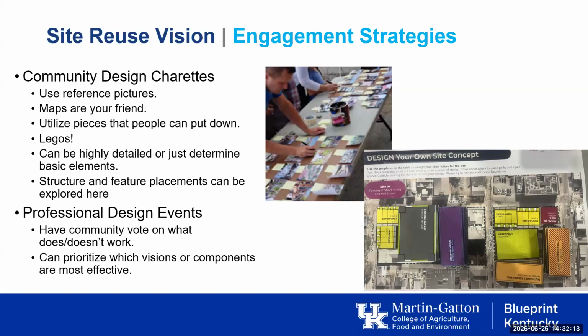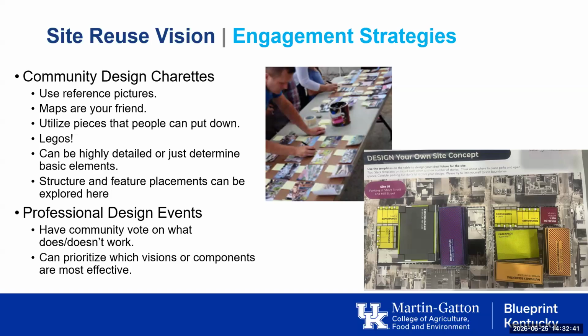This top picture here, I believe, is also from Manchester, and it was leading the redesign of a small little pocket park in town. On this table here, there are reference pictures of all kinds of different green spaces in different towns. You print all these pictures off, and then you let folks make notes on sticky pads underneath them about what components of that design they like, if any.